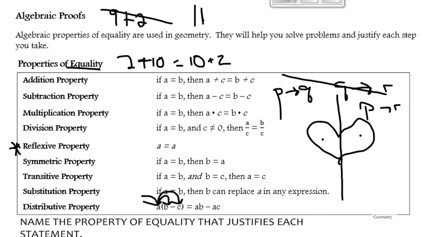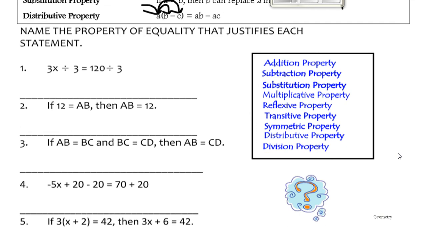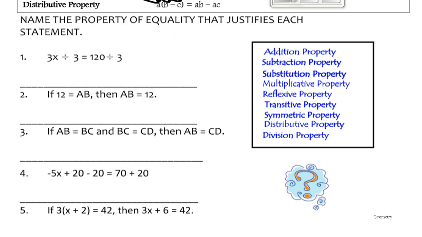All right, so let's see what we actually are going to be doing with this. Naming the property of equality that justifies each statement. If we look here, we have 3x divided by 3 and 120 divided by 3. Clearly what we've done on both sides of the equation is we've divided by 3 on both sides of the equation.